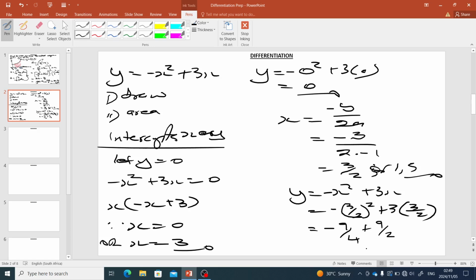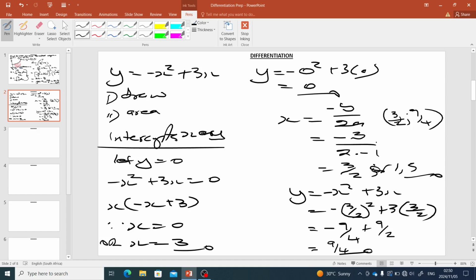Plus how many times does 2 go into 4? 2 times 9, and we'll find the final answer would be 9 divided by 4. This will be our final answer there. You can work it out in getting the turning point. Now we do have our turning point: it is 3 divided by 2, then 9 divided by 4.